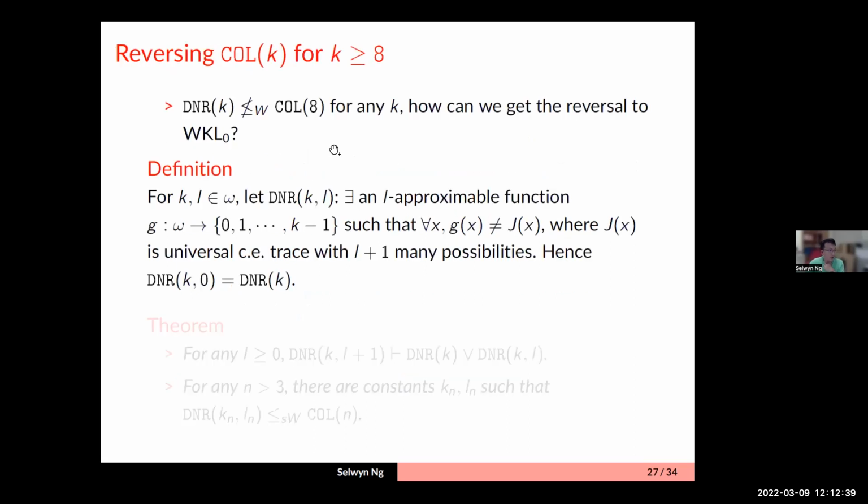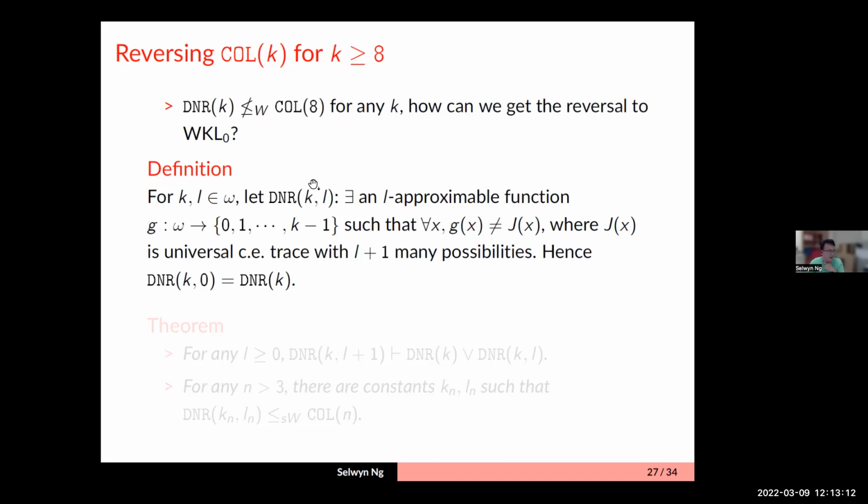So what can we do then if we want to reverse the 8-color theorem? Well, as it turns out, the simple solution is just to add more layers of non-uniformity, and the trick is to consider non-uniform versions of DNR. I have the definition here in case anyone wants to look at it. Essentially, K is still the same as before.